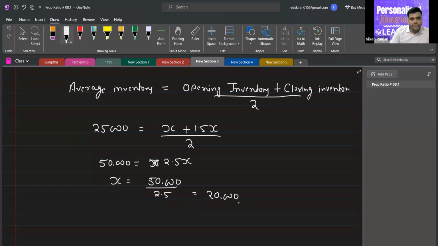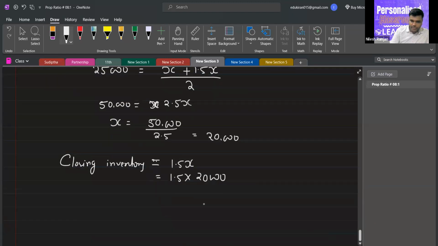Now our opening inventory is calculated. Opening inventory is X, so our opening inventory is 20,000. Closing inventory is 1.5X, so we can say 1.5 multiplied by 20,000. We will get 30,000.